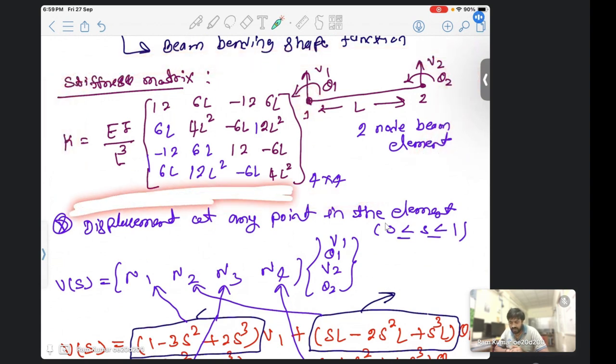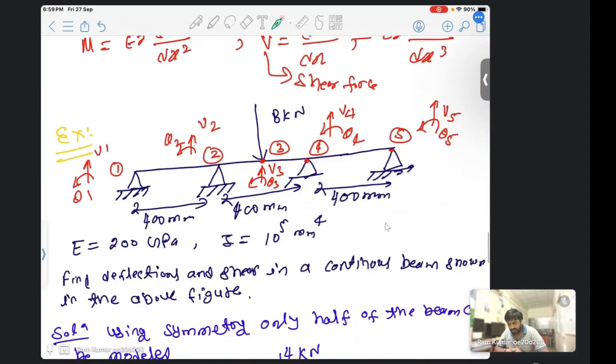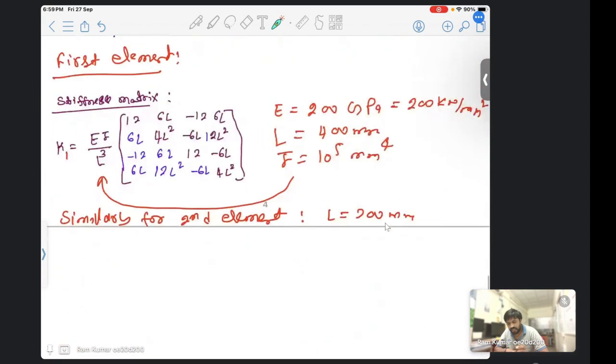For each element, we just have to change E, I, and L. For the first element, we have length 400, Young's modulus 200 kilonewton per square mm, and I equal to 10 to the power 5 mm to the power 4.